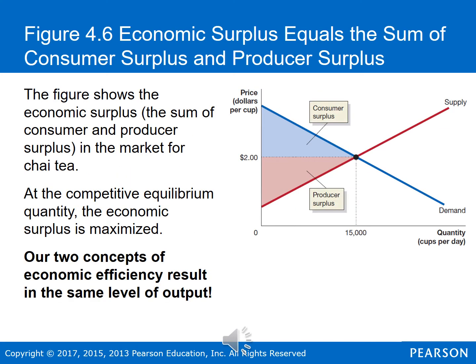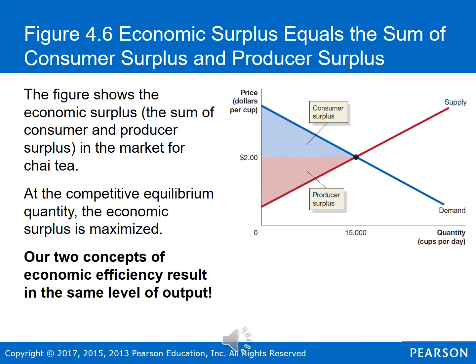But not only can we use the idea of marginal benefits and marginal cost for a competitive market equilibrium, we can also use the ideas of economic surplus, so consumer and producer surplus. This figure on the right shows the economic surplus, the sum of producer and consumer surplus in the market for tea. Again, the equilibrium price is going to be $2 per cup, and the equilibrium quantity at this price is going to be 15,000 cups per day.